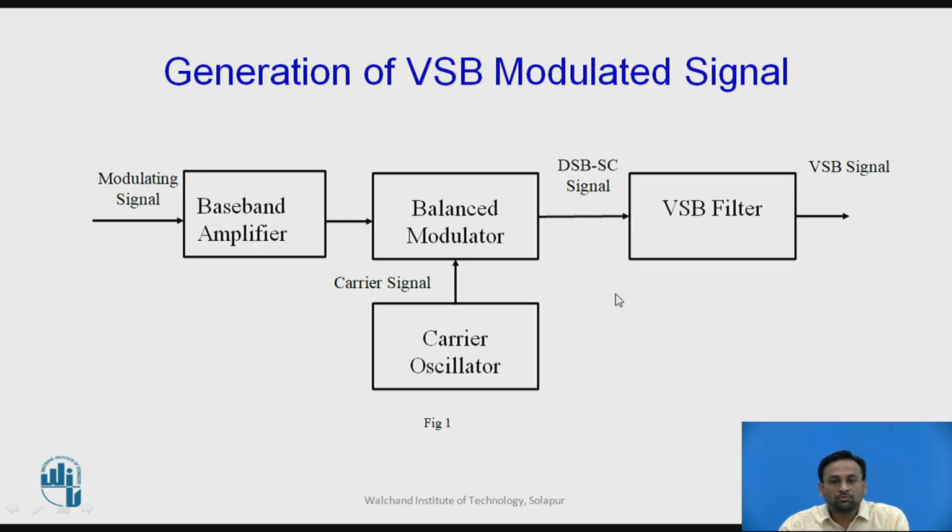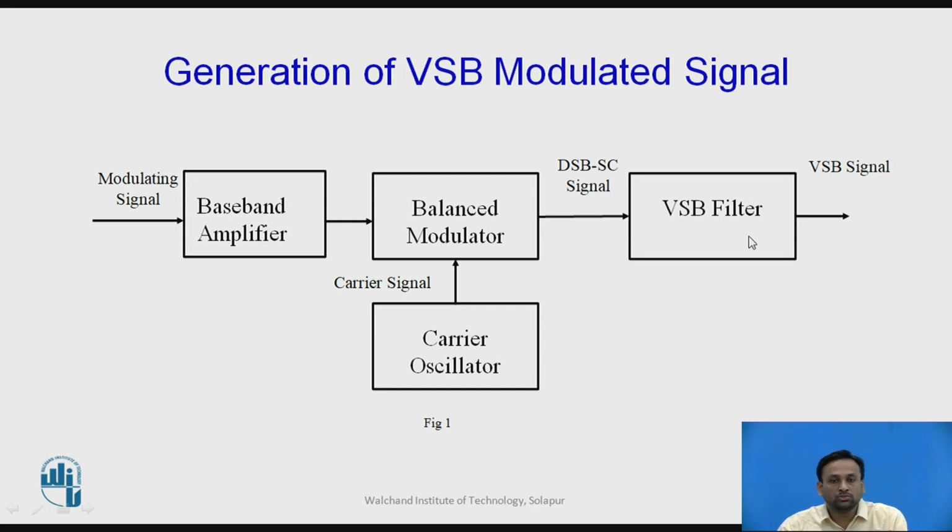But as we said in the previous slide, in VSB we transmit only one sideband along with some part of the other sideband. So we have to design a filter in such a manner that only one sideband and the remaining half part of the other sideband is sent for the VSB signal. That's why the filter is called a VSB filter.